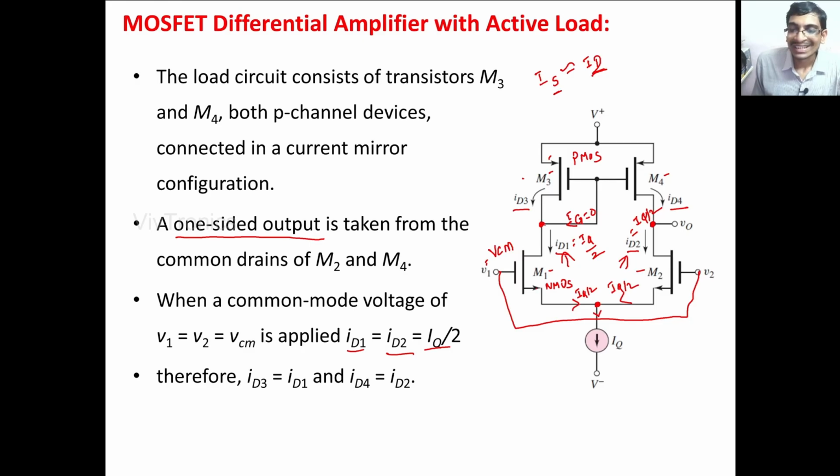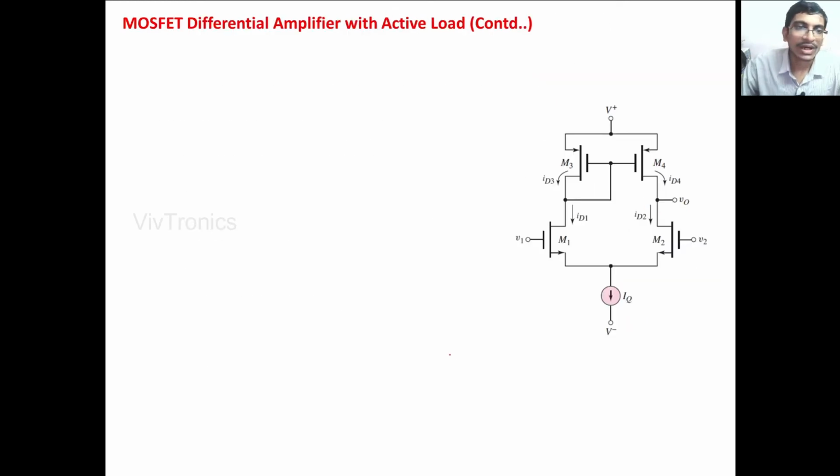And we know that the current through the gate is approximately 0, or negligible. Therefore, ID3 is equal to ID1. Similarly, ID4 is equal to ID2 when we neglect the output current. Therefore, ID1 is equal to ID2 is equal to ID3 is equal to ID4 is equal to IQ by 2. All currents are equal.